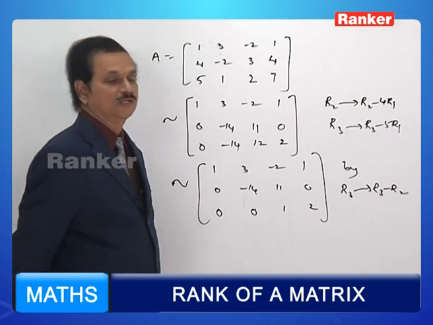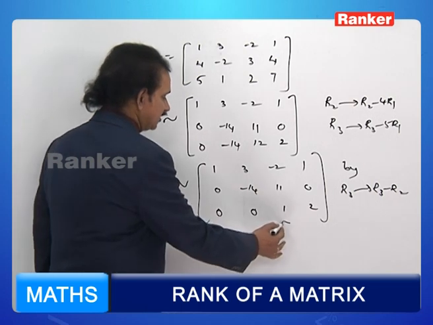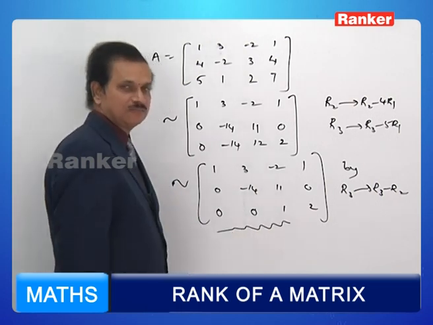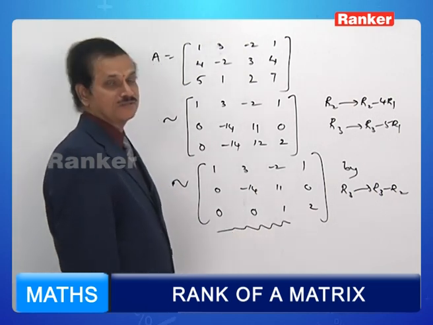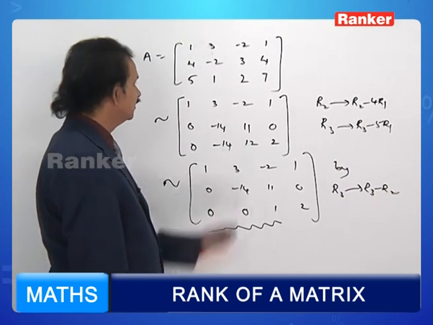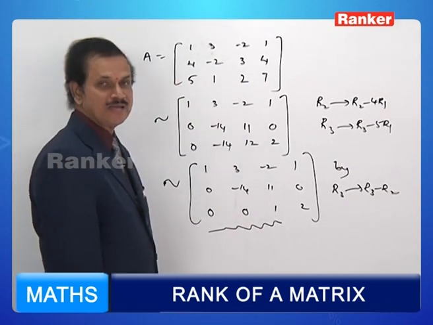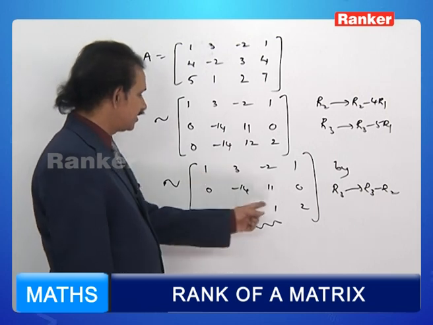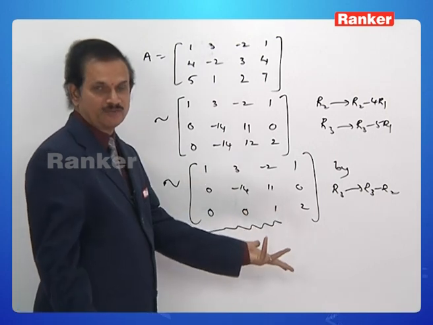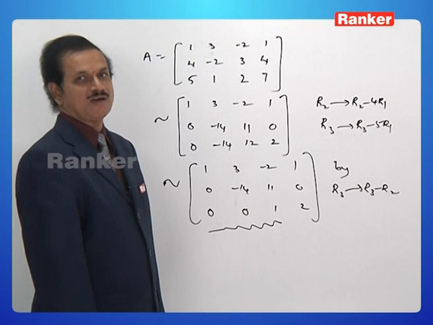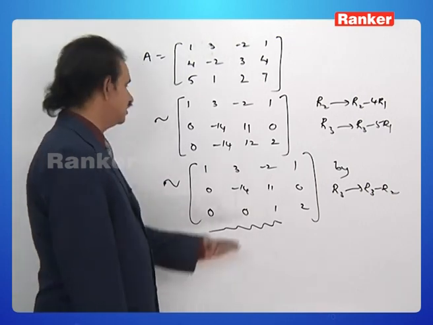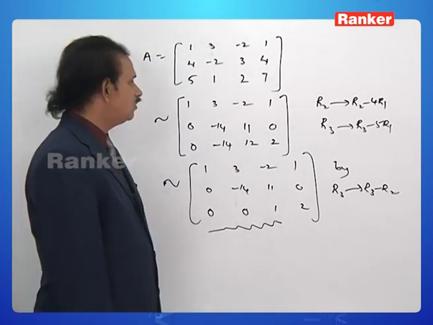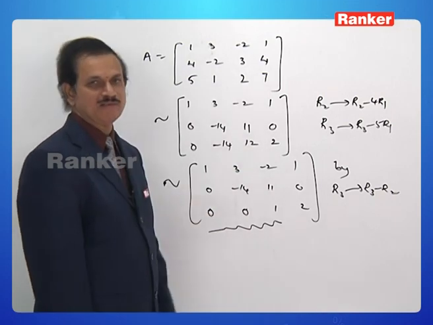If you just consider these 3 rows and 3 columns, you have the determinant of this particular 3 by 3 minor. So what is the determinant here? Minus 14, a non-zero 3 by 3 minor. Hence, the rank is 3.